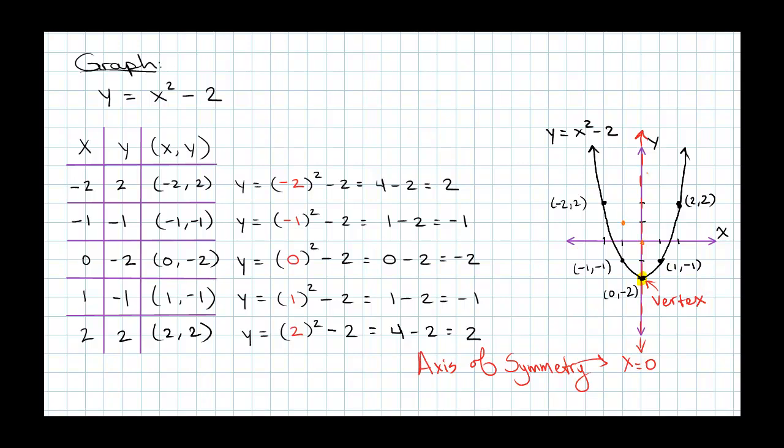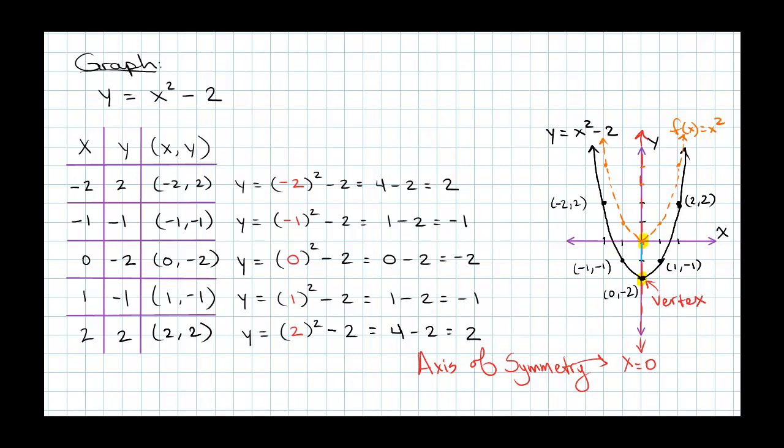I'm going to draw my parent graph, f of x is equal to x squared, so that we can compare how it translated all of the points on f of x is equal to x squared in order to create this new graph, y is equal to x squared minus 2. So my original vertex was at 0 comma 0.